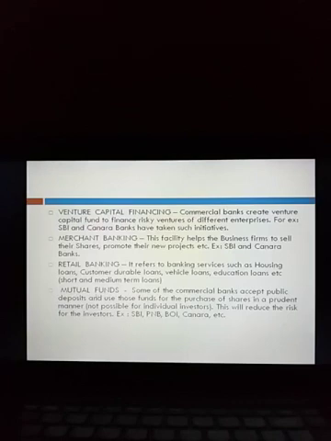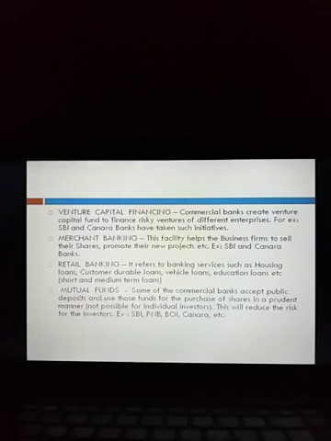Mutual funds. Some of the commercial banks accept public deposits and use those funds to purchase shares in a prudent manner. If an individual deals in the share market, risk is more. If these commercial banks accept our funds and invest in a careful or prudent manner, the risk is quite less.